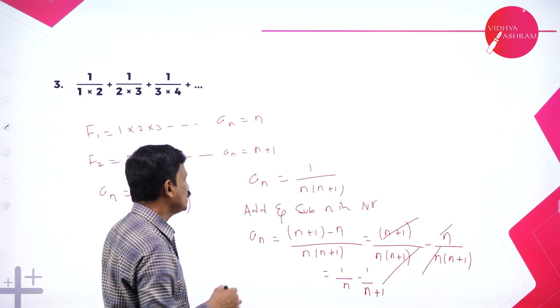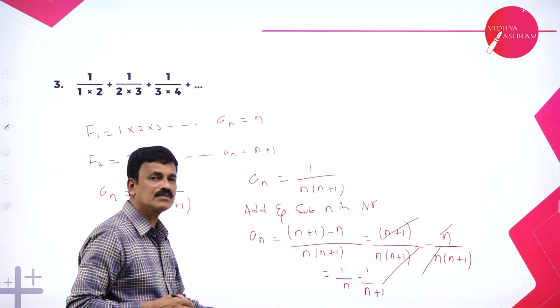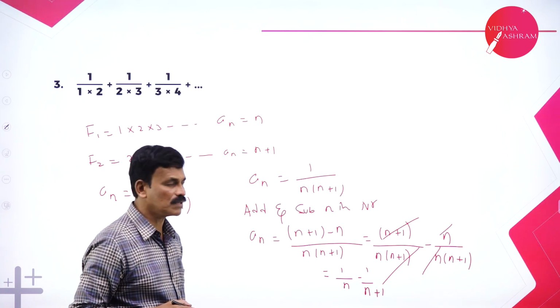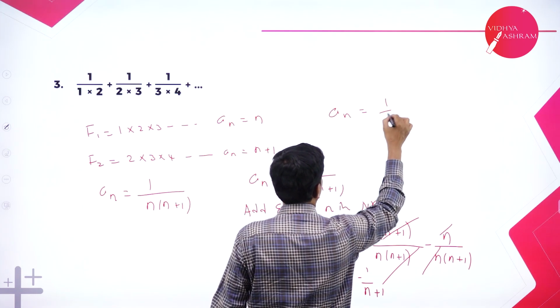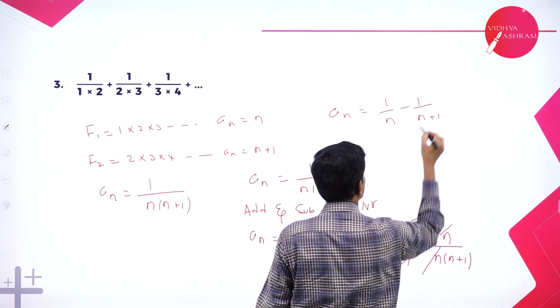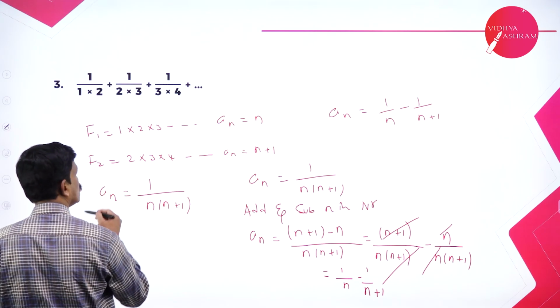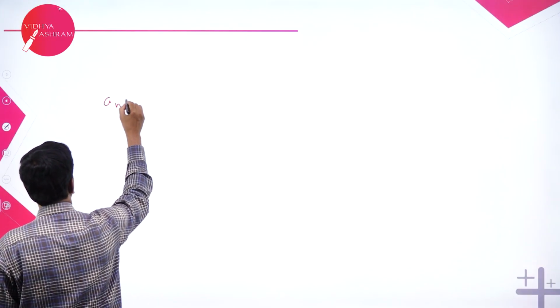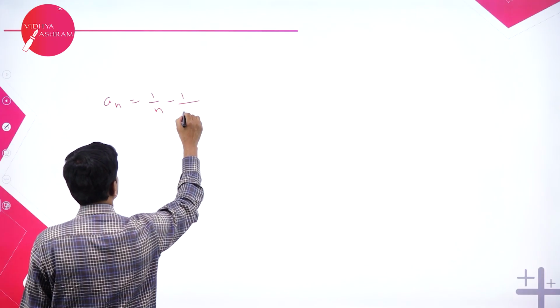So, 1 over n into n plus 1 can also be written as 1 by n minus 1 over n plus 1. Take LCM and simplify, you will get the same step. So, therefore, an is equal to 1 over n minus 1 over n plus 1.